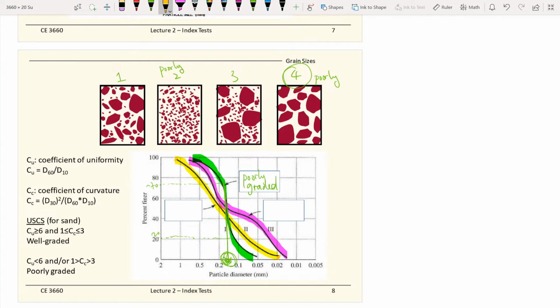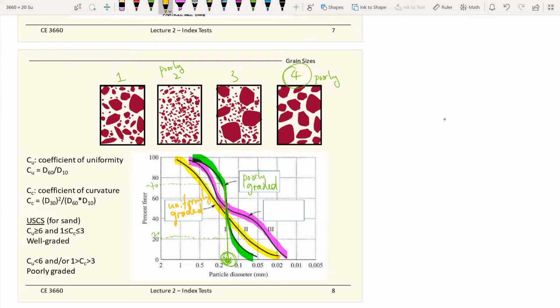Which means this is uniformly graded, which means the soil particle sizes are uniformly distributed, so you have a good representation of any different size.